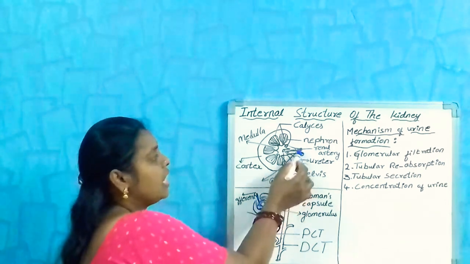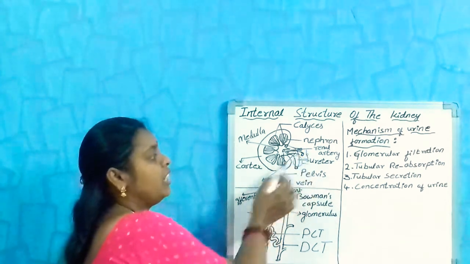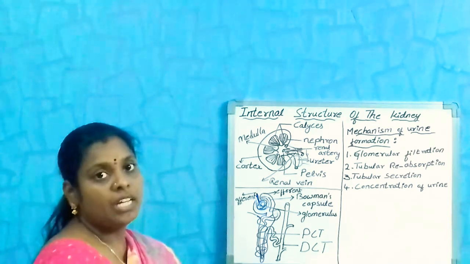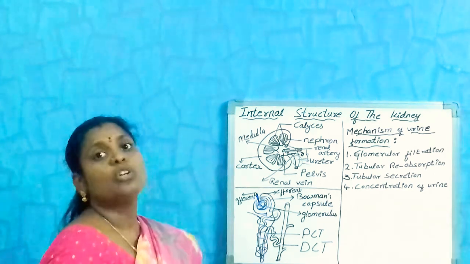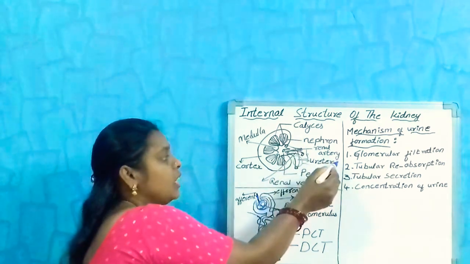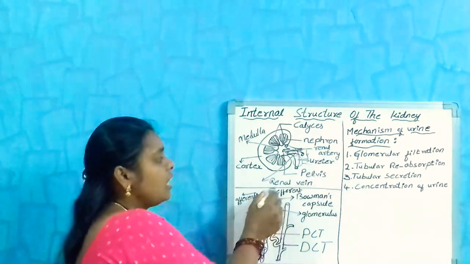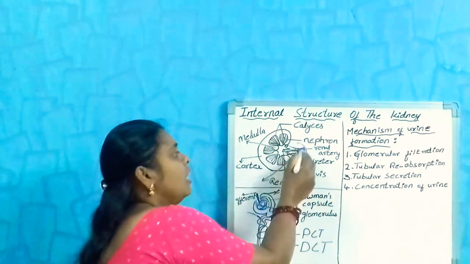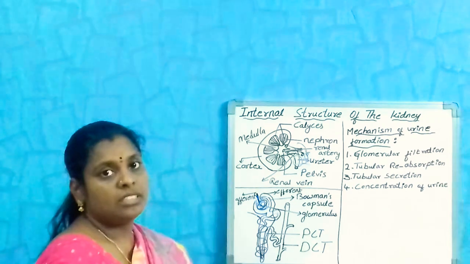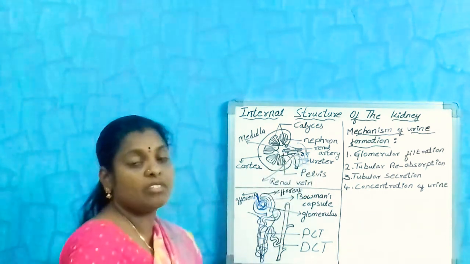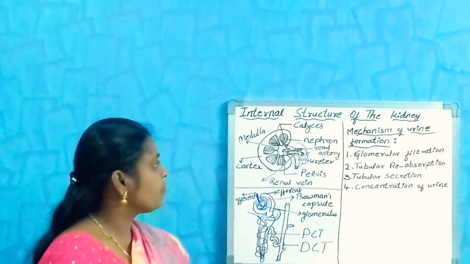These are the renal artery and renal vein, through which oxygenated and deoxygenated blood is carried to their respective places. These three, renal artery, ureter and renal vein, are connected at the place called hilus. So, the site where these are connected, we call it the hilus.